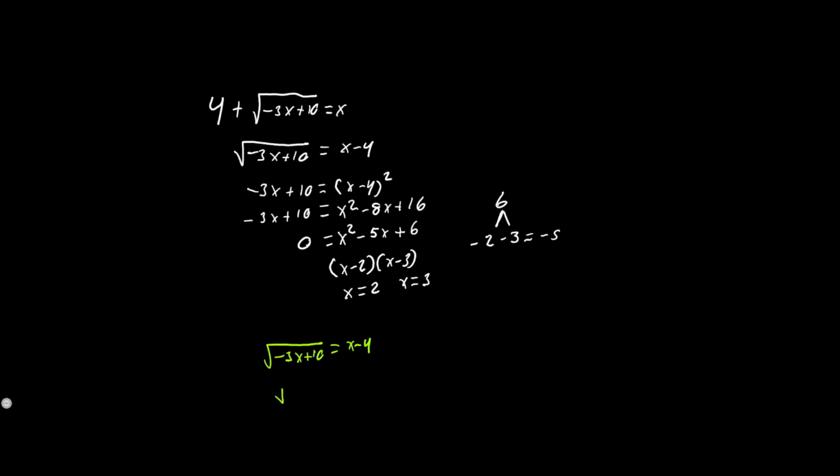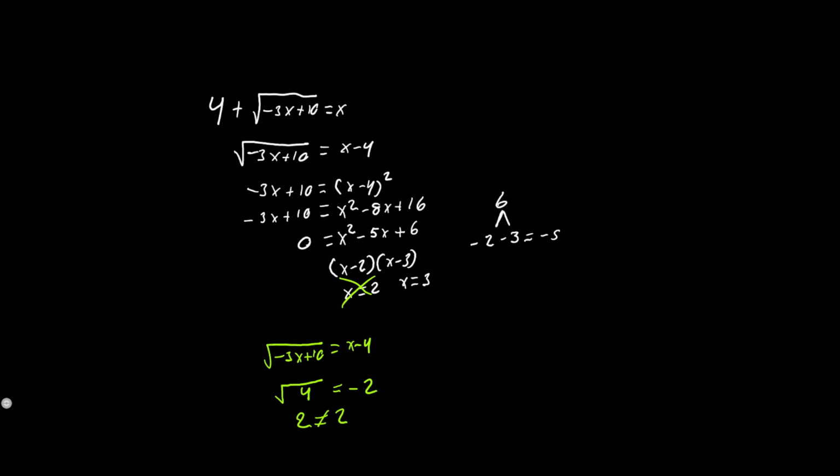So here we have the square root of negative 3 times 2, which is negative 6, plus 10, is 4. Since 10 minus 6 is 4, and 2 minus 4 is negative 2. As far as we are concerned, here we cannot have a solution, since 2 does not equal negative 2. So x is equal to 2 is not a solution.